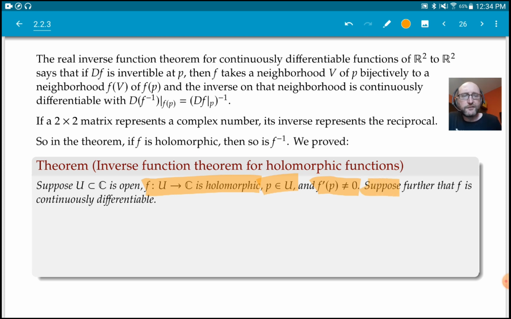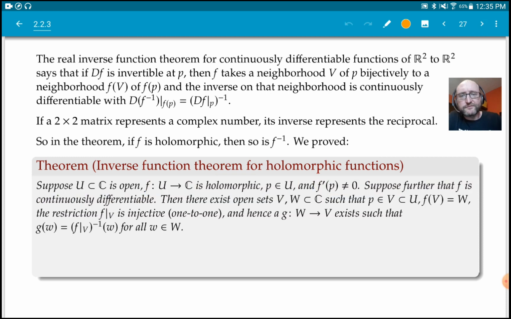Now we're going to assume, I'm going to say a little bit more about this in a little bit, we're further going to right now assume that f is continuously differentiable, right? So that means that all the partial derivatives exist and are continuous.